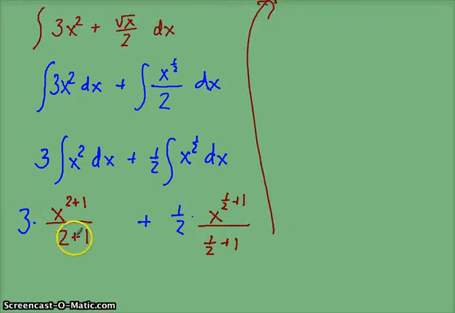Again, 2 plus 1 is 3. 3 divided by 3 is 1, so for that first piece, I just have x cubed. Plus, again, this is 3/2, correct? So I'll write that out. x to the 3/2 over 3/2.